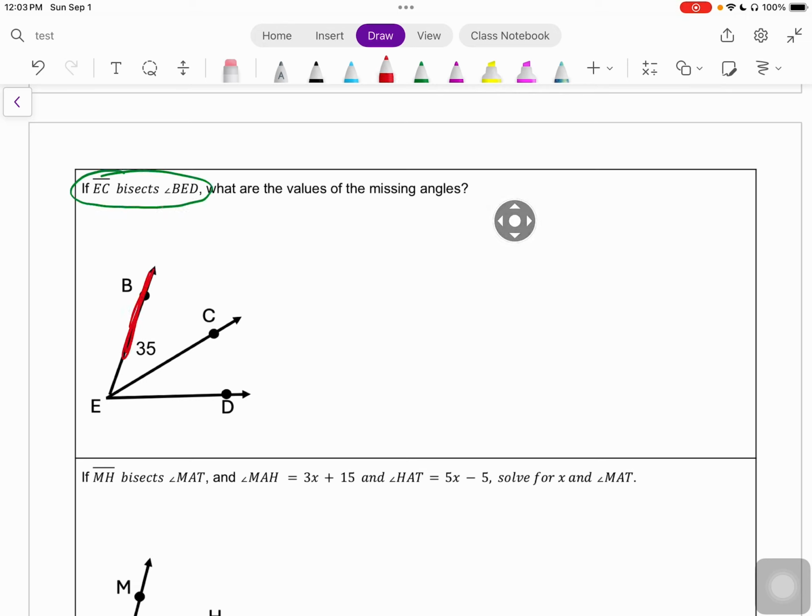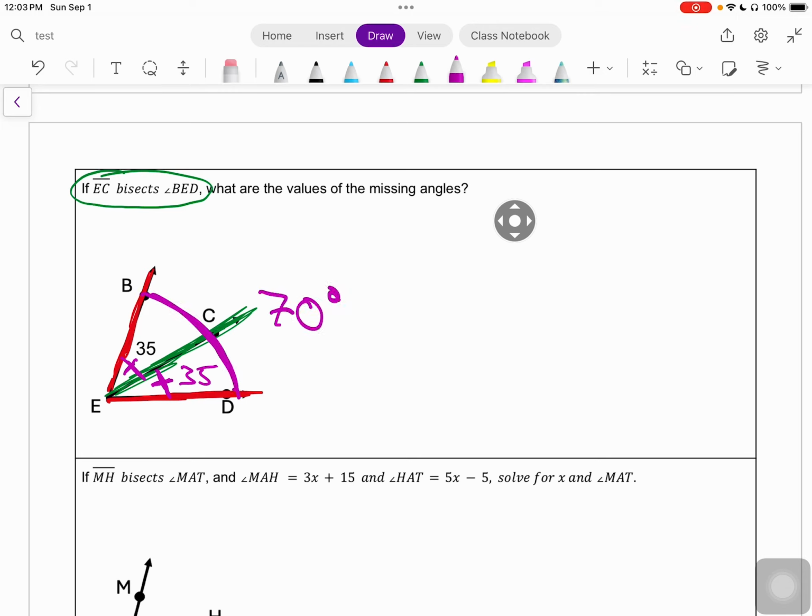So if that is 35, then this must also be 35. And then if we want the whole thing, it should be 70 degrees. That's really all you have to do for this one. We don't have any algebra necessary.